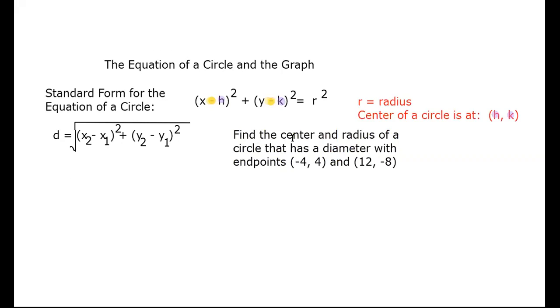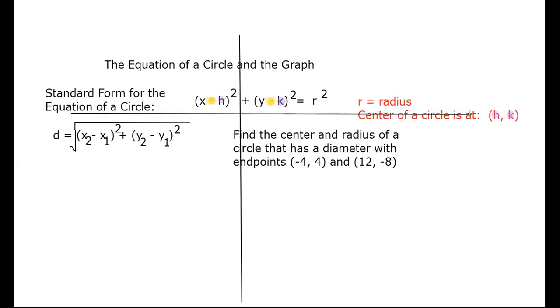But we do know that the diameter is twice the radius. So if I was just going to graph this point, 12, -8, and -4, 4, that is all the way across the circle. And it doesn't go straight. It is 12 over and 8 down.